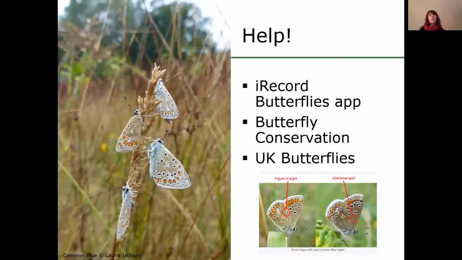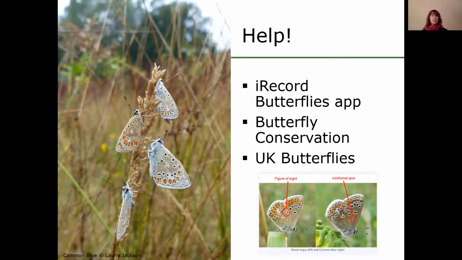So a couple of places can be really useful where you can get some really good help. Again, if you're into apps, there is a specific iRecord Butterflies app, and that's got lots of really useful information on there, including phenology, so the different flight seasons for these different species.